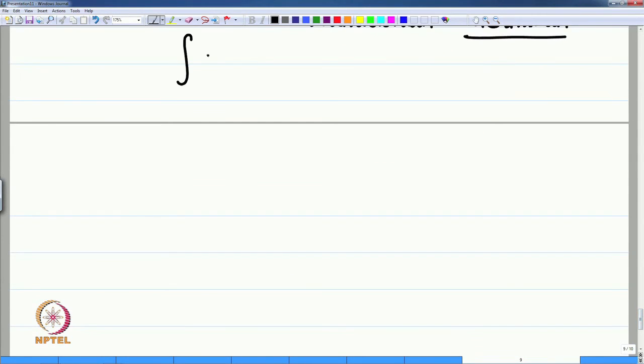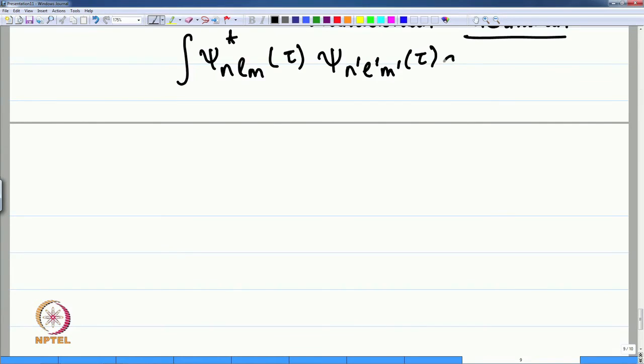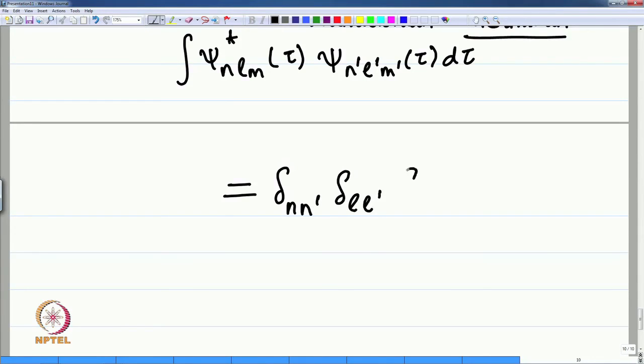The wave functions psi n l m and psi star n prime l prime m prime, d tau, these functions are orthogonal to each other, and if I write that in the integral notation, the answer is the Kronecker delta n n prime, Kronecker delta l l prime, Kronecker delta m m prime.